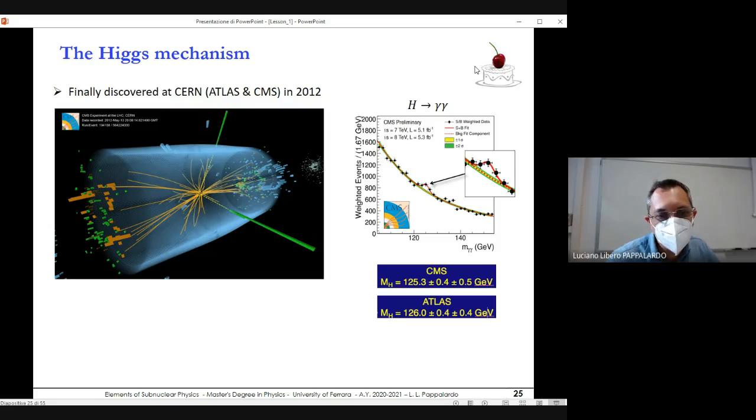And this was discovered essentially at the time in two main channels that we study. One of those is shown here. So it's the Higgs decaying into two photons. And so when people reconstructed the invariant mass of this two photon system, they found a little bump here corresponding to an invariant mass of 125 GeV. Okay? And a similar bump, this is just an example from CMS, similar results have been obtained by ATLAS.